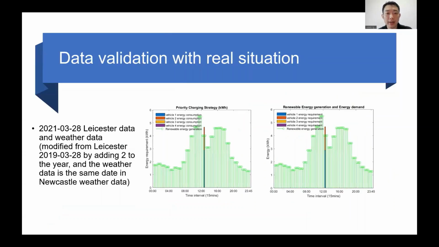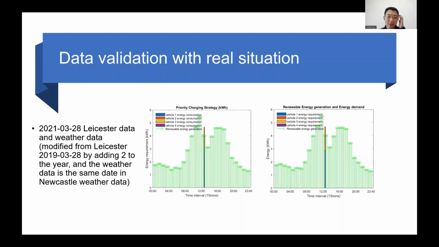So here we have a data validation with real situations. For example, we select one day, March 28th, 2019. We need to add in 2 years because we don't have exactly the same data at the same year.